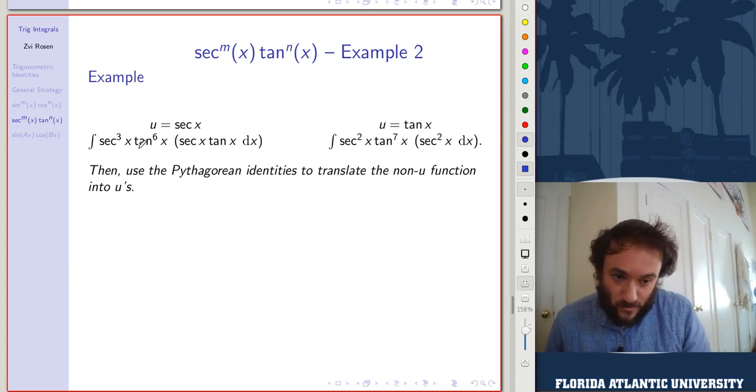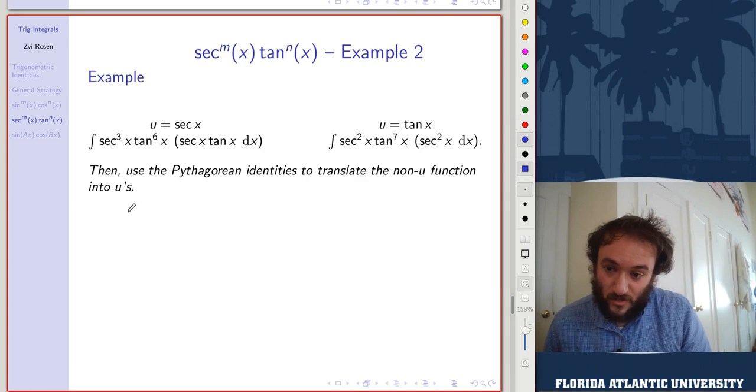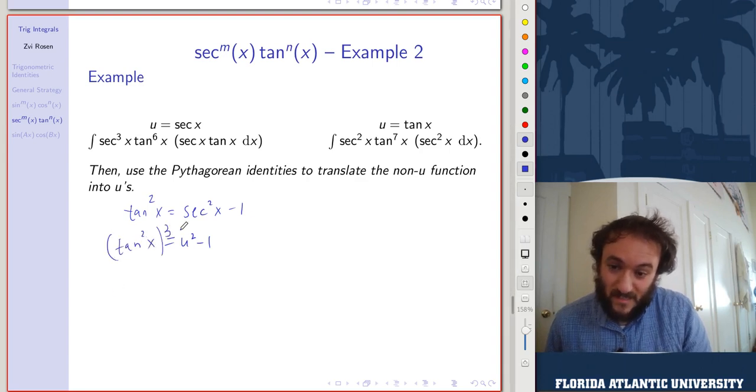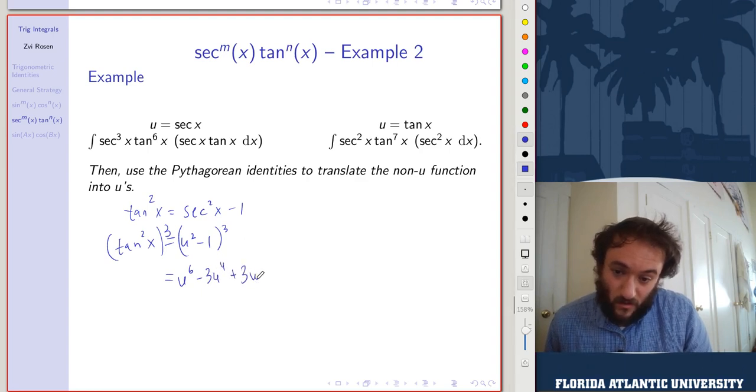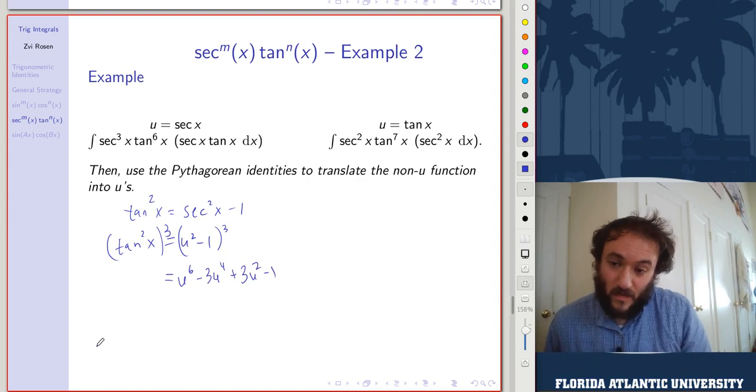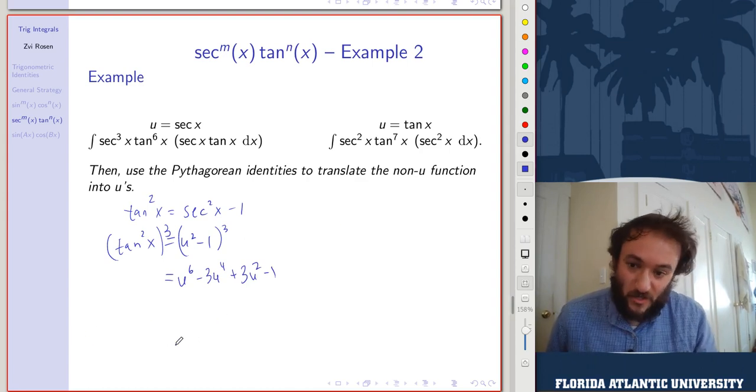If we were to try this u substitution, we would say, well, tan squared x is equal to secant squared x minus 1, or u squared minus 1. So tan squared x, if we cube it, which gives us tan to the sixth, that'll be u squared minus 1 cubed, which is u to the sixth minus 3u to the fourth plus 3u squared minus 1. So it's a lot of multiplication you have to do.